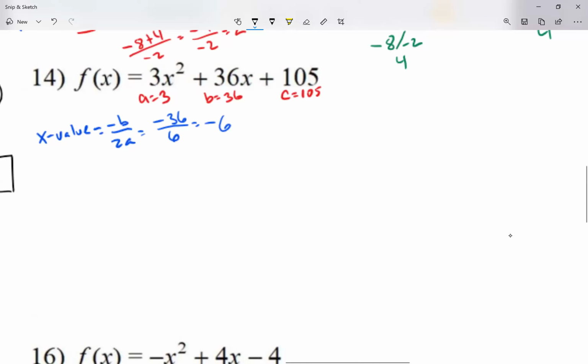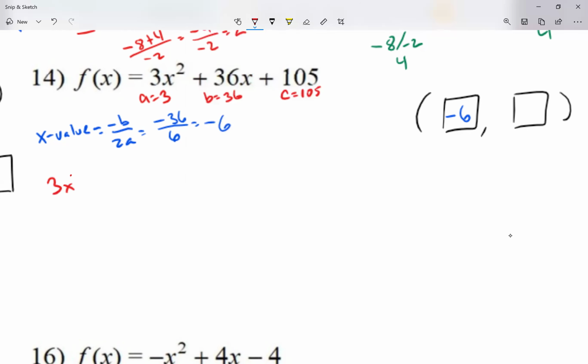So on my vertex, I know I've been asked for two values here. Well, the first one, the x value, is negative 6. Since my equation is 3x squared plus 36 times x plus 105, instead of x, let me write negative 6.